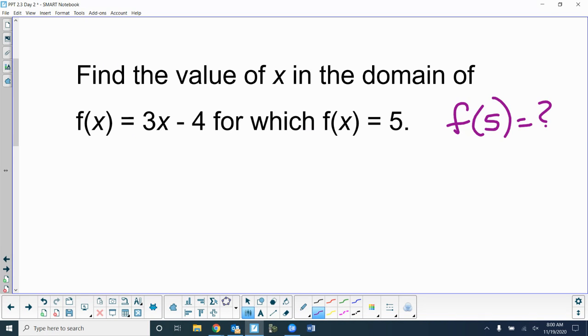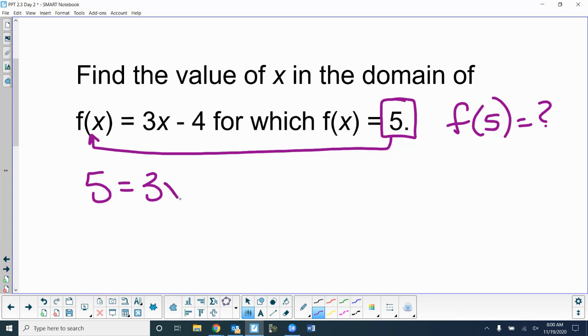But actually you're putting this on this side, because it says f of x is 5. So the mistake a lot of kids make, it's not this question. F of 5 is 3 times 5, 15 minus 4, 11. But if it says find the value of x for when f of x equals 5, you're doing this.